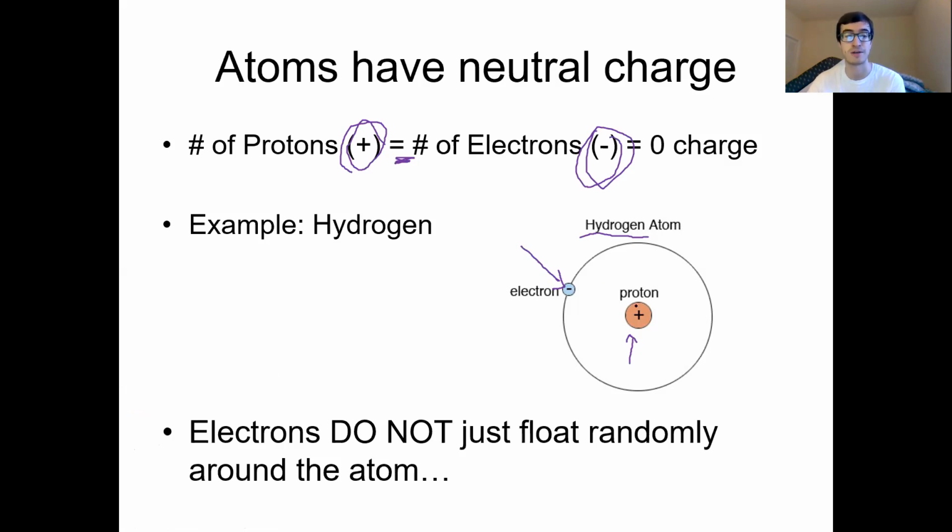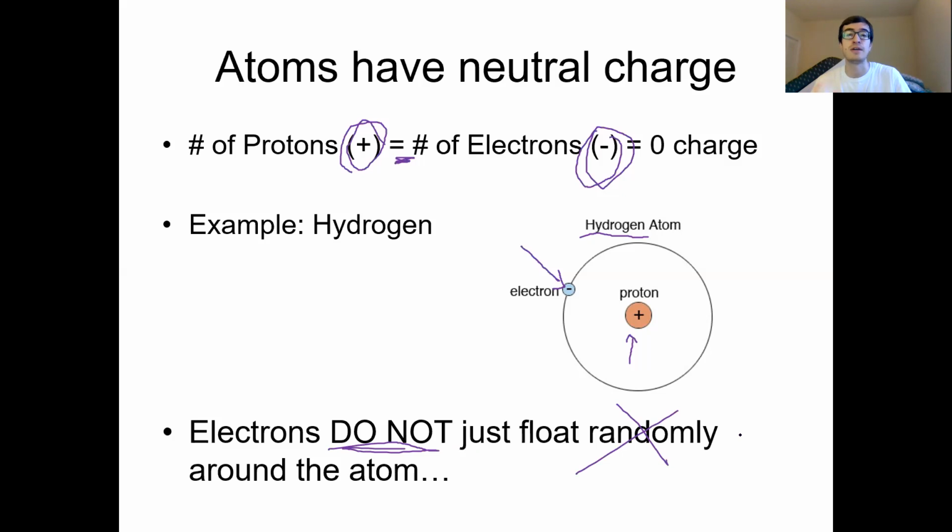floating around the outside. However, electrons do not just float randomly. They don't just wander and drift and do things on their own. They are not random.